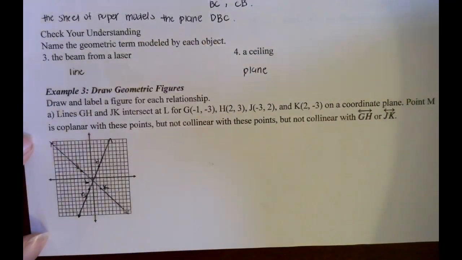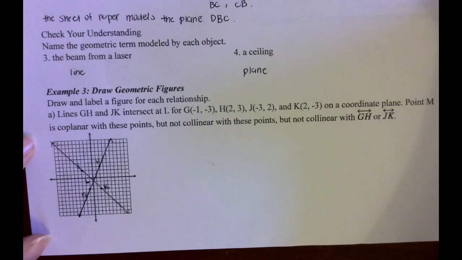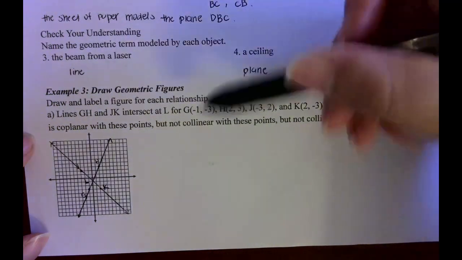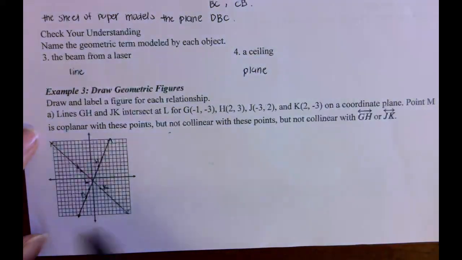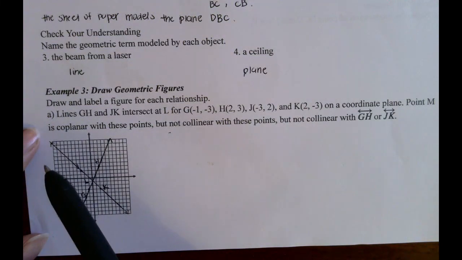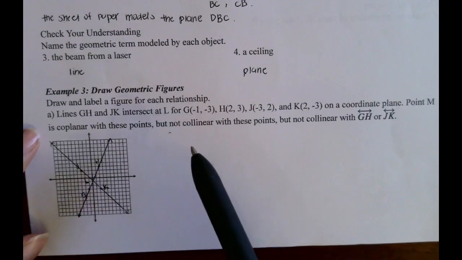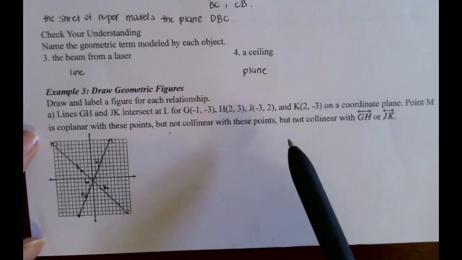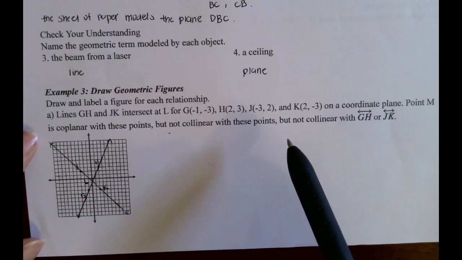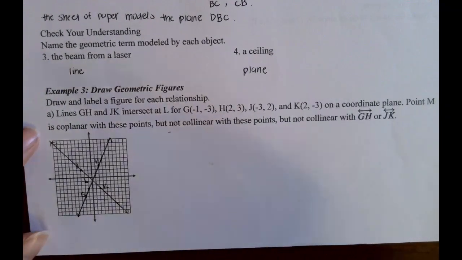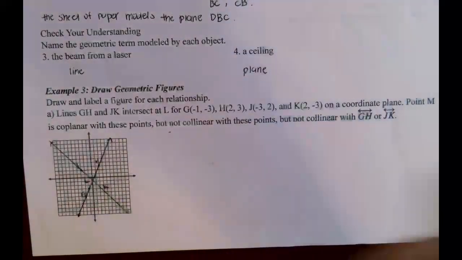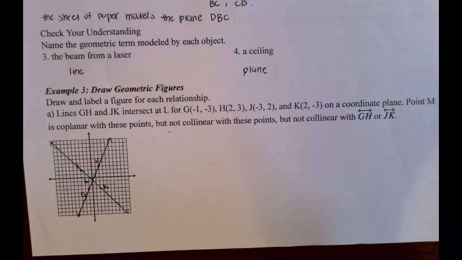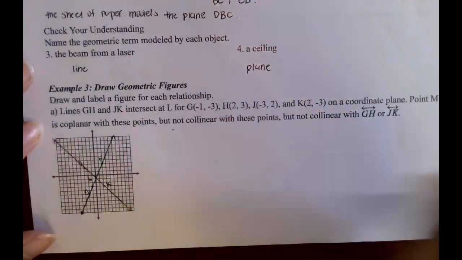Point M is coplanar with these points, but not collinear. That means it's on this coordinate plane, but it isn't on the same line as any of them. So basically you can just put M anywhere, just not on these lines.